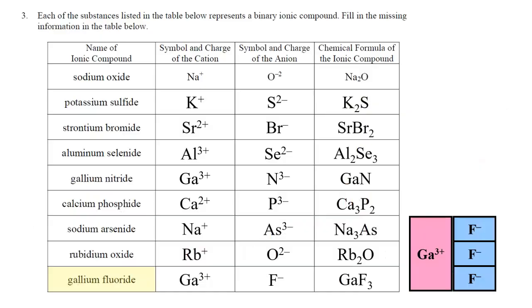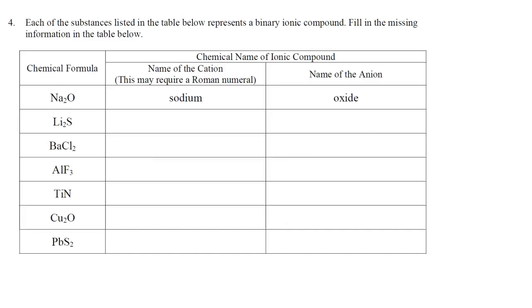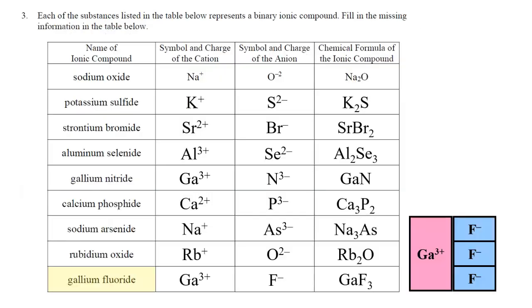Well, now that we're done with question 3, let's go ahead and move on to question 4 in this ionic bonding practice quiz. So this is question 4. It also has a table that we need to fill in, but you can see that in the previous example, we were going from the correct chemical name to the correct chemical formula.